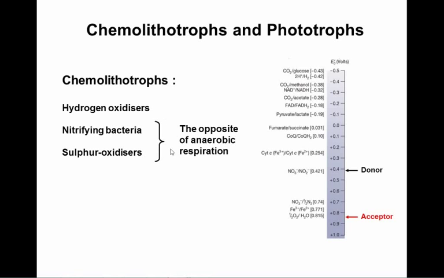These will be electron donors, and we can produce energy by shifting them onto a good electron acceptor, which is generally going to be oxygen. Okay, so chemolithotrophs need a good electron acceptor. Mostly they need oxygen for their metabolism to work. Not necessarily, but mostly they do.